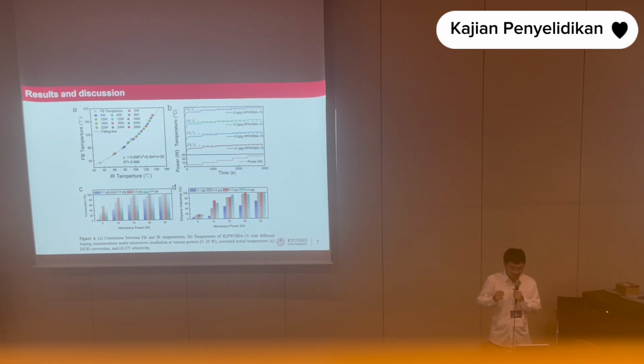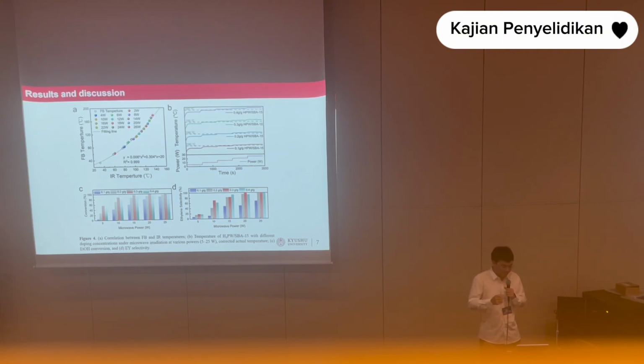We test the different heating properties with different doping concentrations from 0.1 to 0.4. As you can see, from around 10 watt to 50 watt to 20 watt, the temperature in the catalyst layer is almost 115 centigrade. With this microwave power, we test the conversion rate and the selectivity.